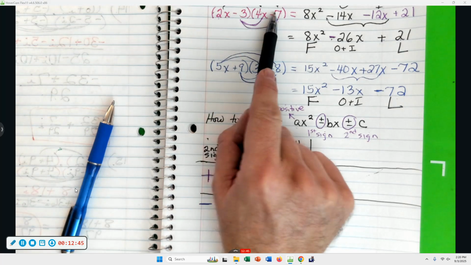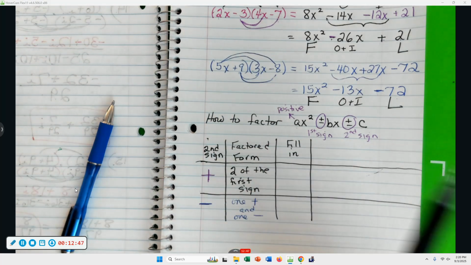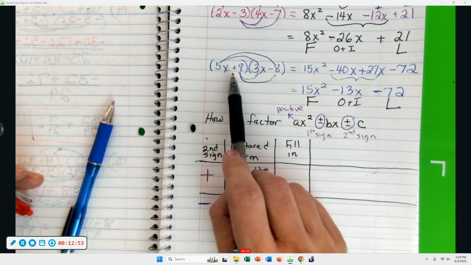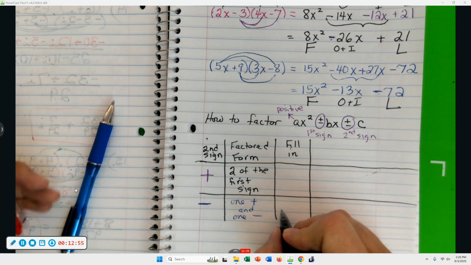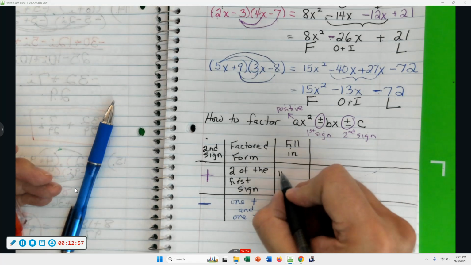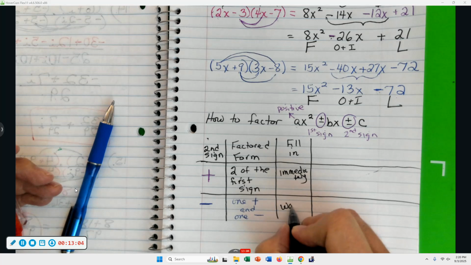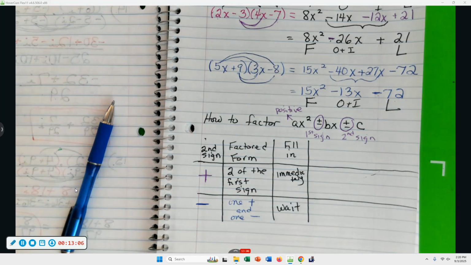I know it's 2 minuses. But if the second sign is negative, we have 1 plus and 1 minus. I'll wait to fill those in. So fill in immediately, and on the other one, I'll wait to fill it in.